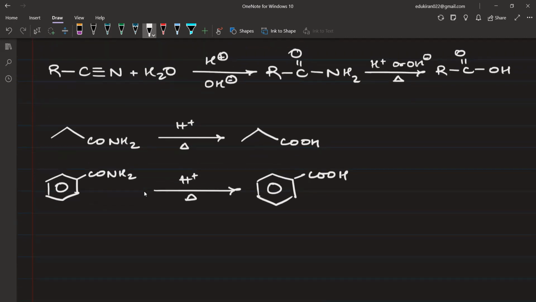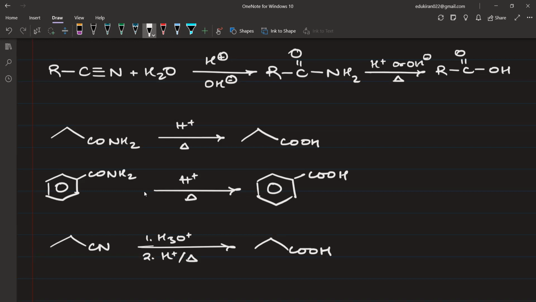If you have nitrile, for example, CN, first step H3O plus, second step H plus in the presence of heat, 1, 2, 3 carbon atoms, COOH. Or even if they just give you H plus and heat, because in both cases you have acid, but you can set heat. If you have nitrile and they give you heat plus H plus, then it is going to convert to carboxylic acid.